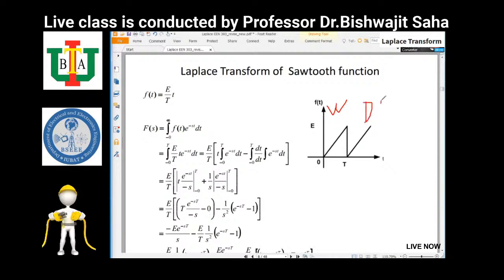What is a DC sawtooth wave? It is a pulsating DC sawtooth wave. So the function is f of t equals E by T into t. This is the function of the signal.